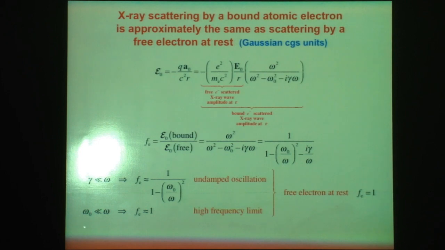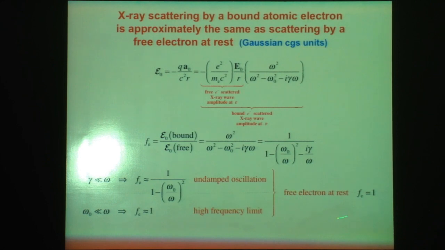And if we're in the high frequency limit, where the natural frequency is much less than the radiation frequency, then this ratio becomes very small, and we're at a unit value for the electron scattering factor in what we call the high frequency limit. So if there's no damping, it simplifies to this. If it's far from any natural absorption frequency, it reduces to this.